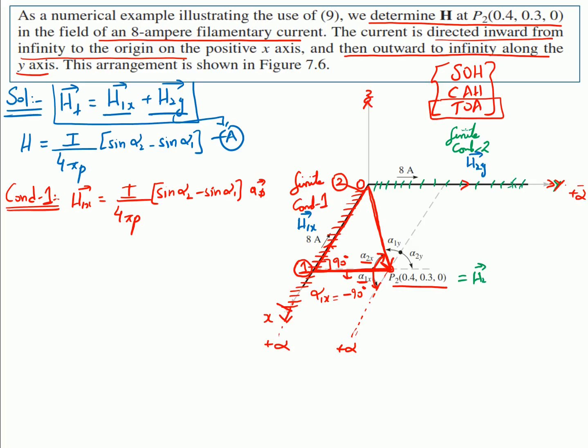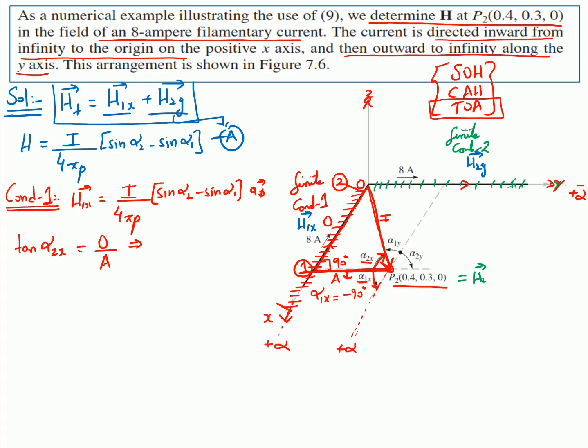I can see that my hypotenuse is the side over here, and the angle which is closest to this is my adjacent, and this becomes the opposite. So tangent alpha 2x is equal to opposite over adjacent. What is the value of the opposite?